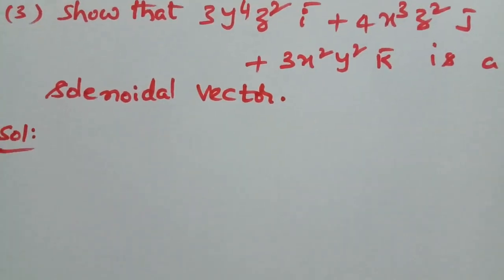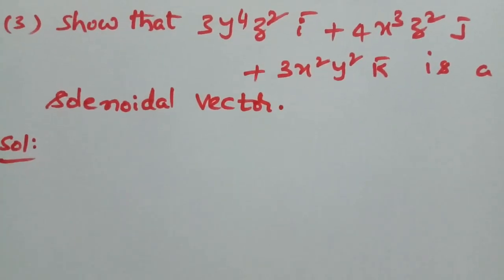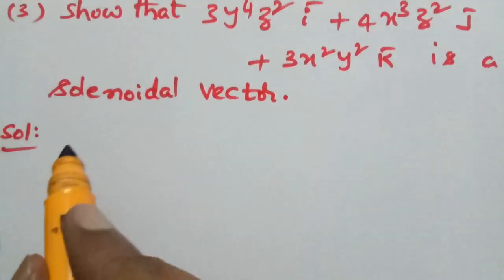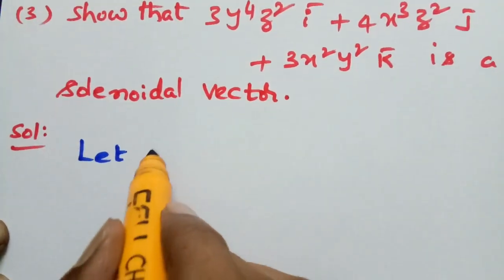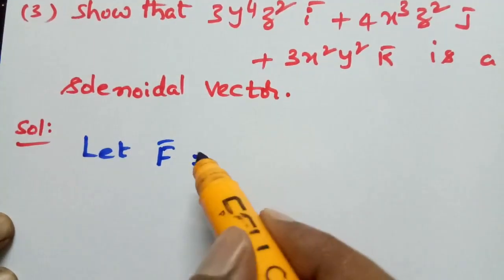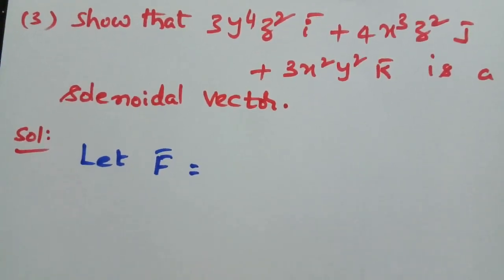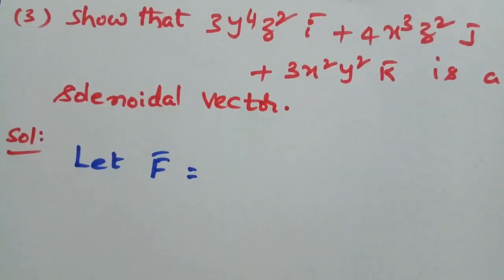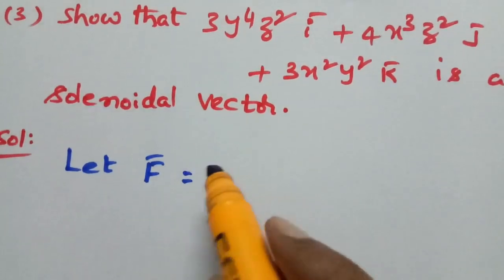First, write down the given function, vector point function. Let f bar is equal to, the representation of a vector function. Some of the authors can use f bar, some of the authors can use v bar. So any capital letter, there is no problem.